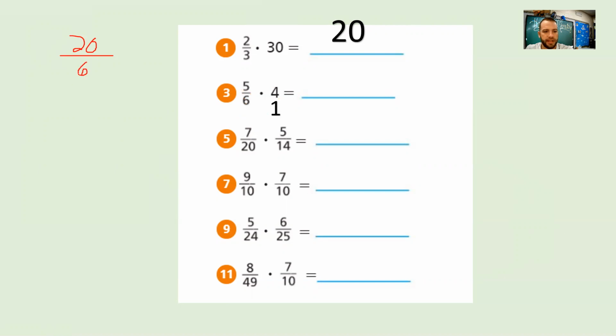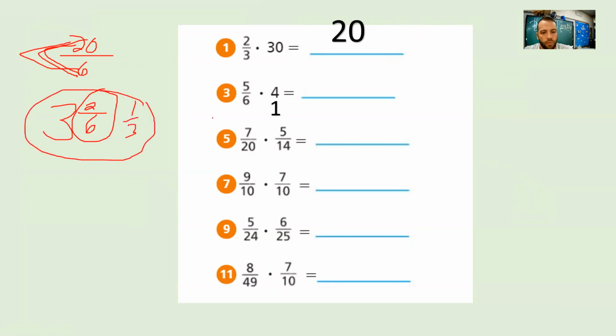Now, this answer too, we would have gone 6, 12, 18, and 18 still had 2 left over, 2 sixths. But now that you're big boys and big girls, everything has to be simplified. So 2 over 6, each of those can be cut in half. So times 2, what times 2? 1. What times 2? 3. So this way you still get 3 and 1/3, right?